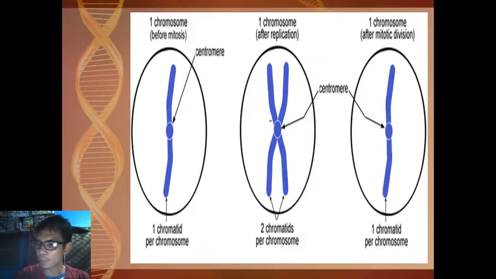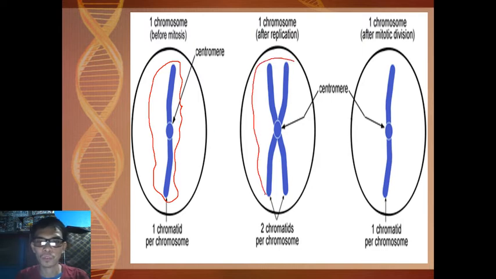If you look at the chromosome during replication, technically your chromosome looks like this. It has one chromatid. After replication, it will have two chromatids.